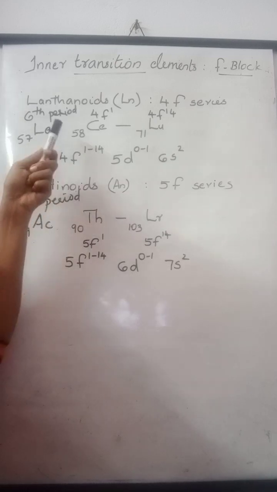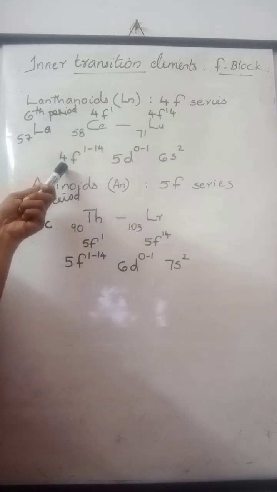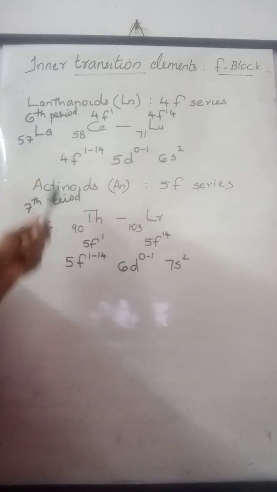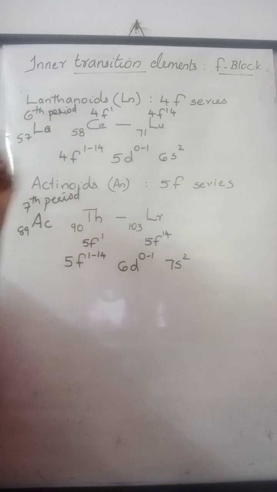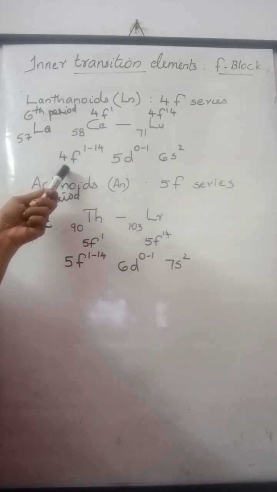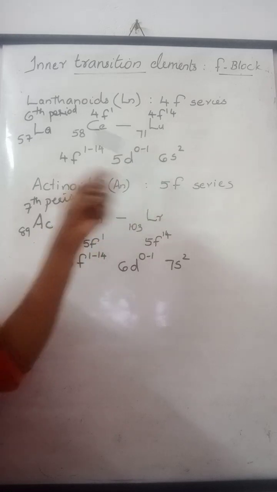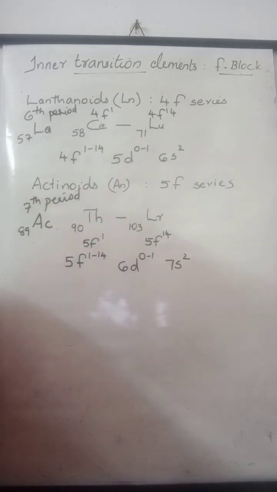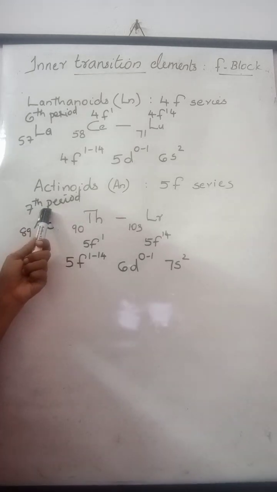In lanthanoids and actinoids, electrons are filled in the anti-penultimate 4f and 5f atomic orbitals. So the general electronic configuration of lanthanoids can be written as 4f1 to 14, 5d0 to 1, 6s2.